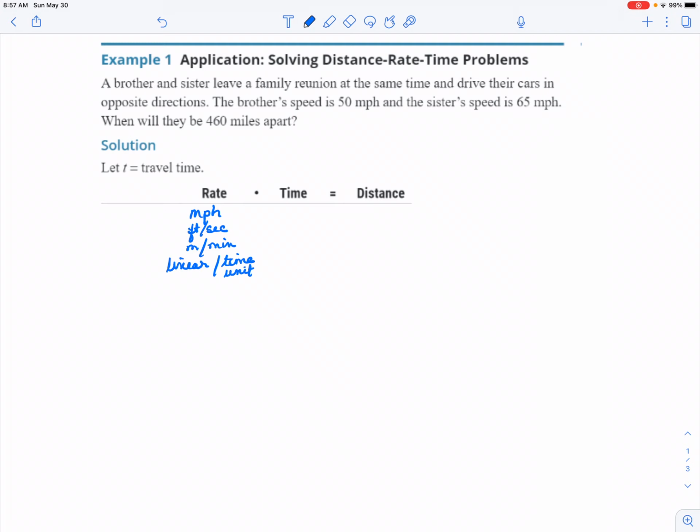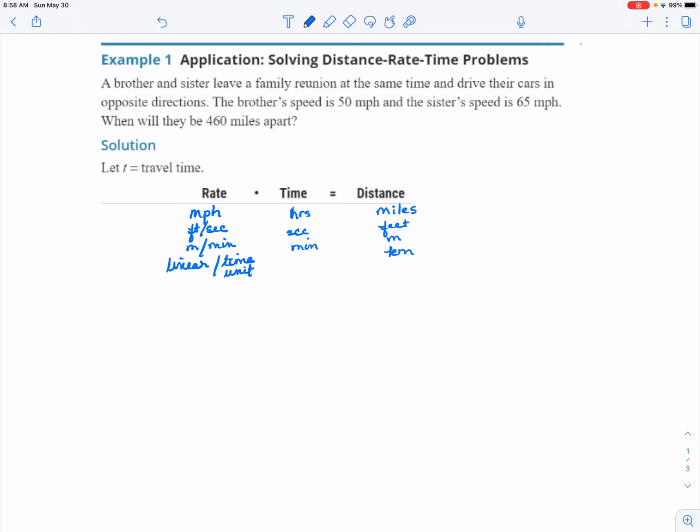So those are always the rates. Time, of course, can be in hours, seconds, minutes, and I suppose there are some other measures of time that you could be using, but we will stick with those. And then, of course, distance can be in miles, can be in feet, can be in meters, can be in kilometers, some sort of linear measure. So that will help you as you identify the numbers.